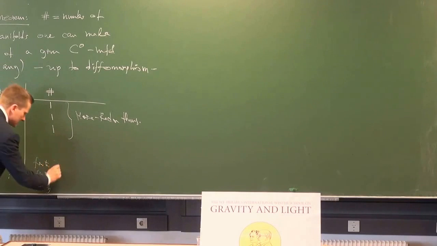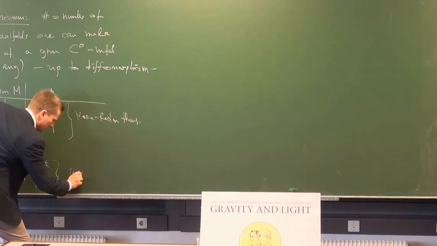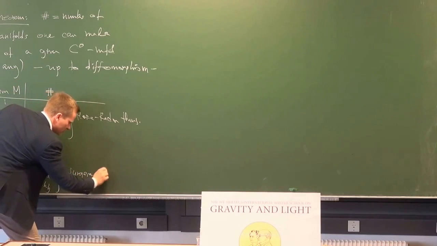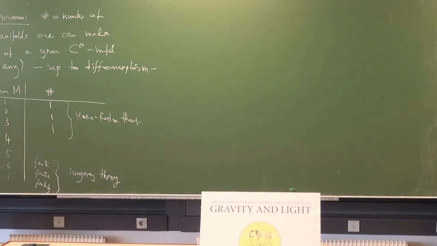And 5, 6, 7, that they are only finitely many, this has been shown by a field of topology called surgery theory, where you have to learn how to glue together manifolds and stuff like this. So extra techniques had to be invented in topology in order to prove this, meaning don't worry if you don't feel it, okay?